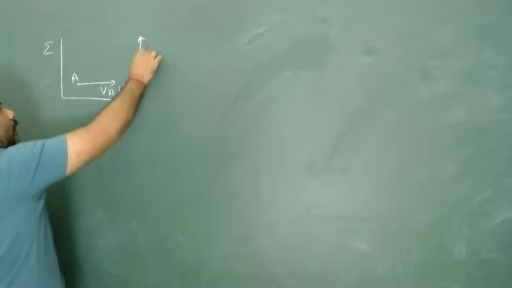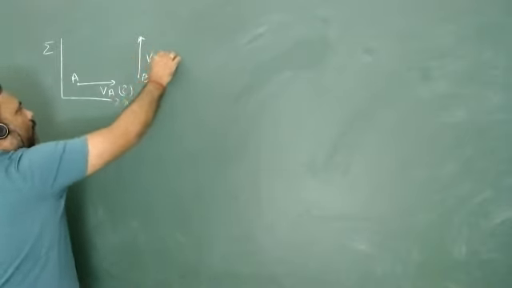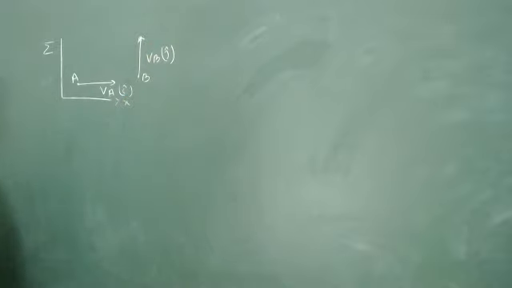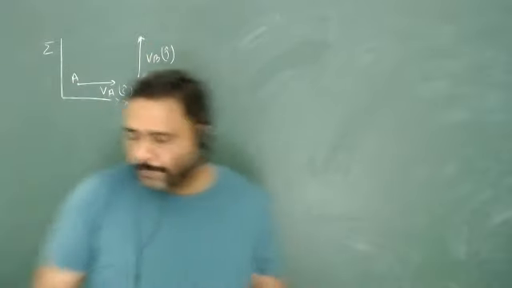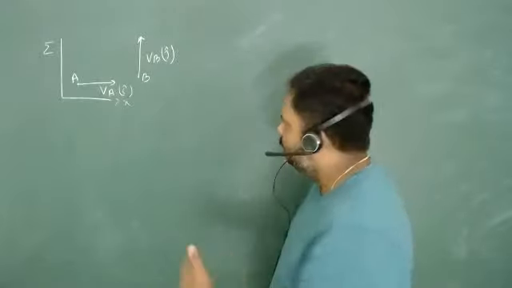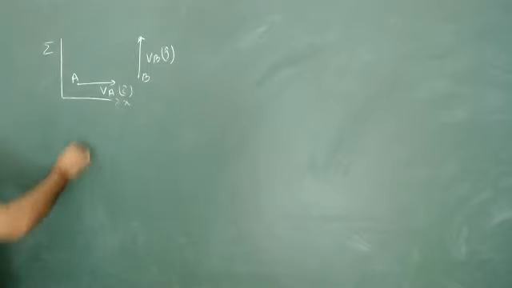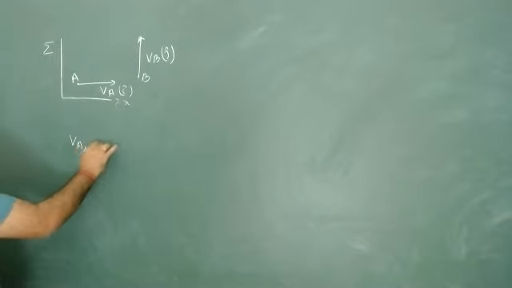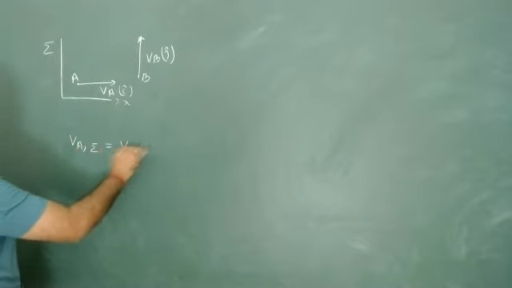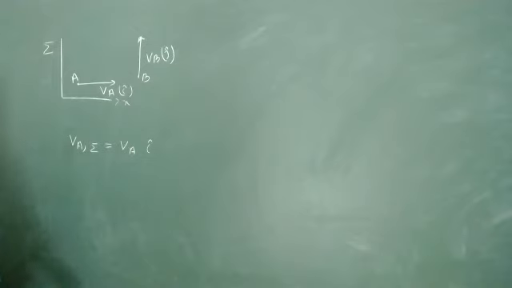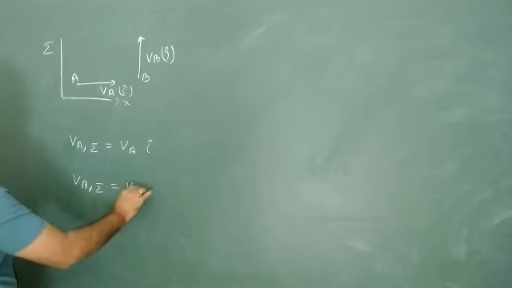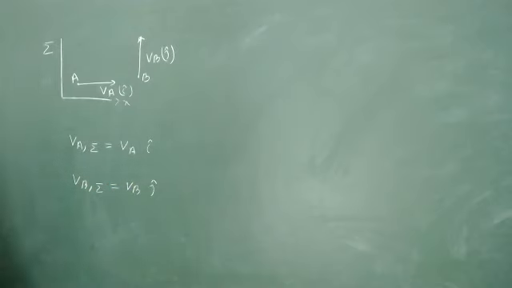So this is your B, moving with VB in the J cap direction. Now I have just changed the thing. Now look here, what is going to happen? It is given the velocity of A with respect to sigma is VA in the I cap direction. The velocity of B with respect to sigma is VB in the J cap direction.